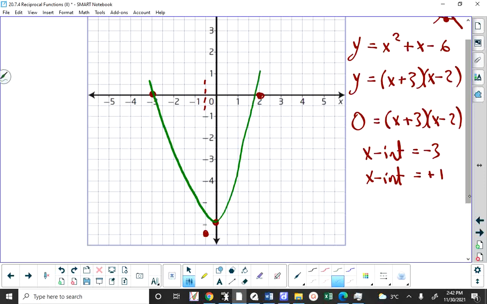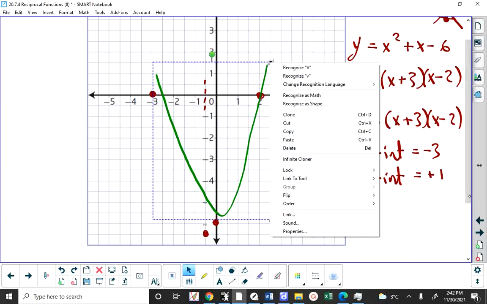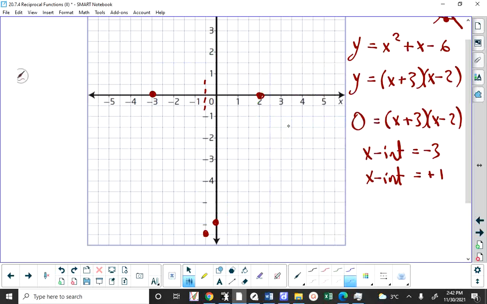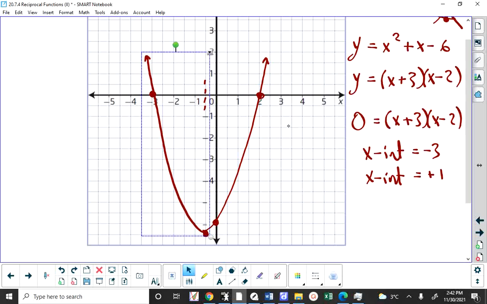It has to go lower. And I find if I have a point in there to use, it makes my life a little bit easier. Good enough for what we're doing. There's the original function.